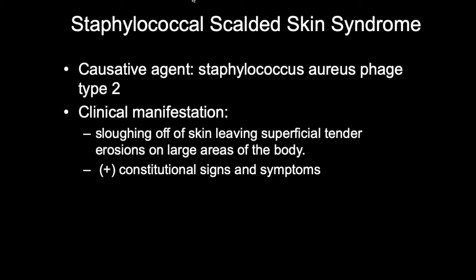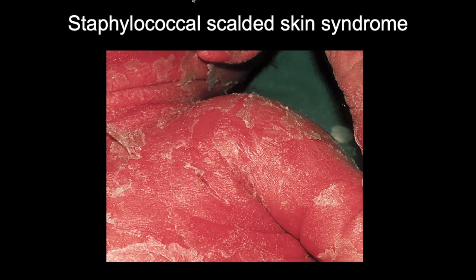Last of the Staphylococcus aureus infections is your SSSS, Staphylococcal Scalded Skin Syndrome. This is caused by your Staphylococcus aureus phage type 2, which can cause skin to slough off, leaving painful erosions. Here are some photos of SSSS.